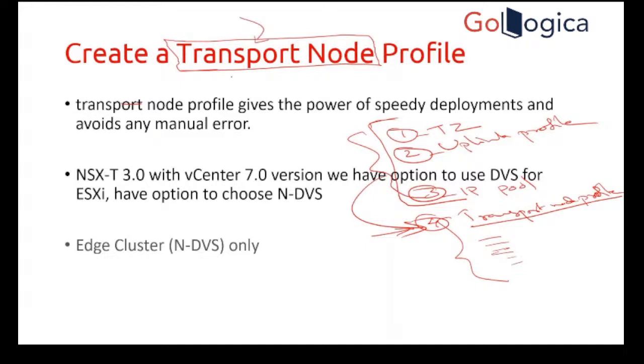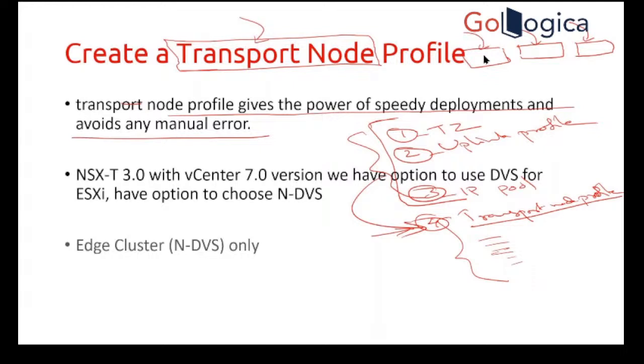Transport node profile gives the power of speedy deployments and avoids any manual error. What is this? In the previous class, I told you I can prepare individual hosts one by one. So what happens?